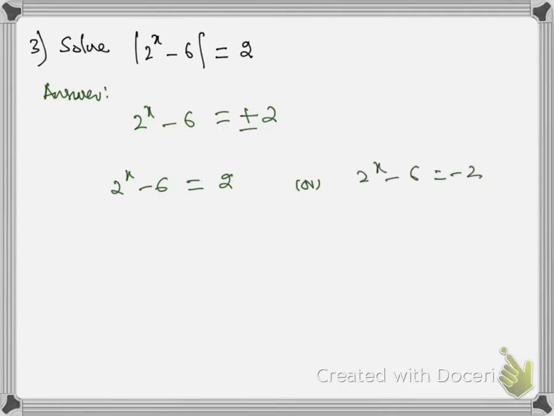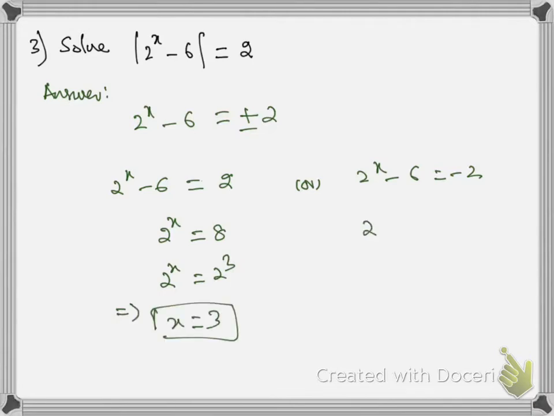Now we have to solve these two equations for x. With plus, we have 2 power x equals 8 and finally x is 3. With minus, we have 2 power x equals 4, and then 2 power x is 2 power 2, therefore x is 2. That's the final answer of this question.